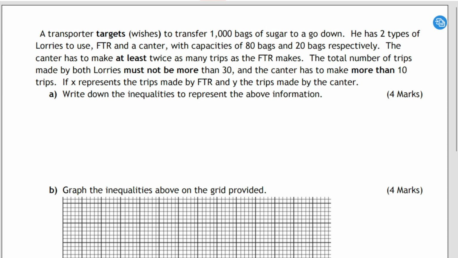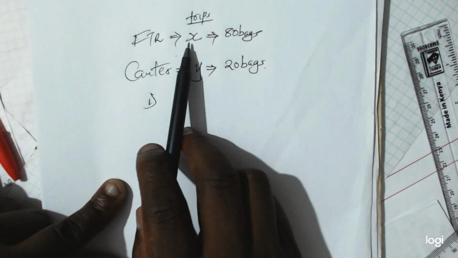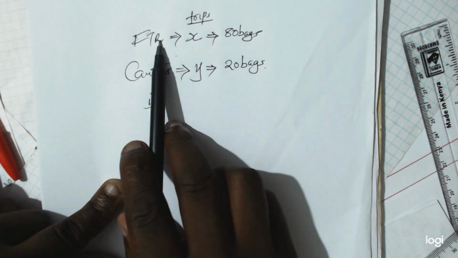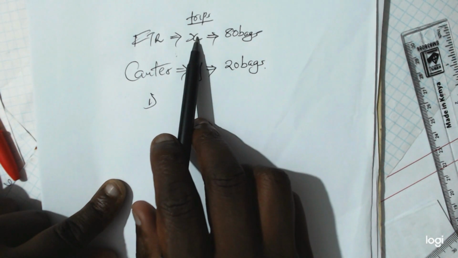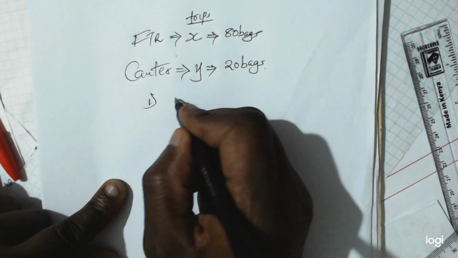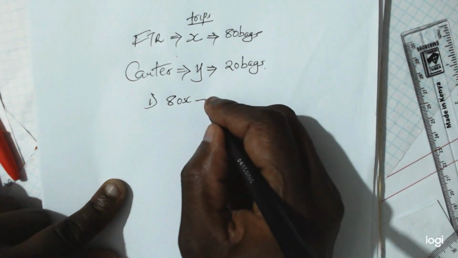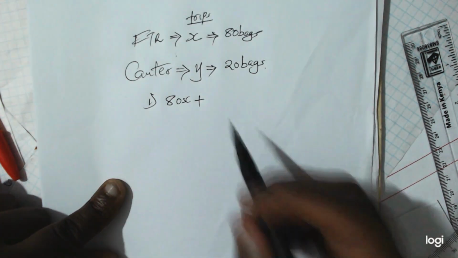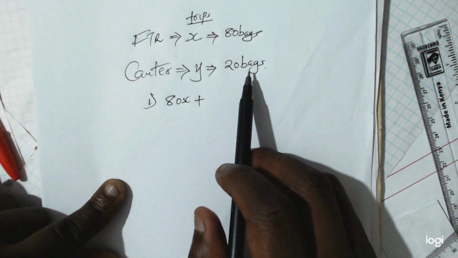Since the transporter has to transport 1,000 bags, the first inequality will be the bags carried by the FTR. One trip, 80 bags. So what about X trips? Those will be 80 times X, so 80X bags. Then we add the canter, which makes Y trips, and for one trip has a capacity of 20 bags.